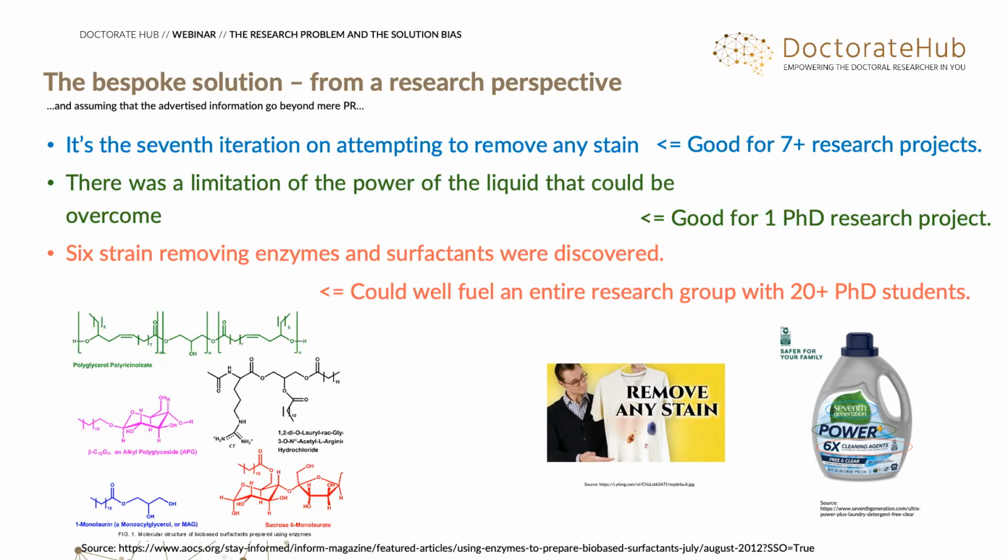Perhaps you need even more than 1 PhD to get that out. And 6 stain removing enzymes and surfactants, wow, that could fuel an entire research group, if not more. So you could have 20 or more research students working on that. So it's far more complex if you look at the same situation from a research perspective.